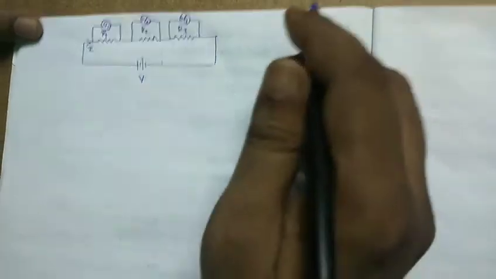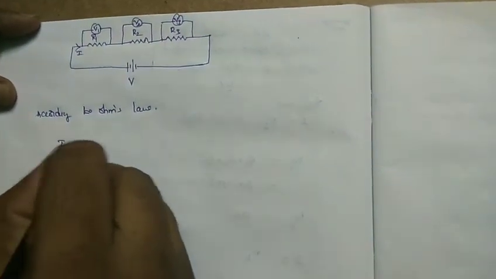In R3, the potential difference is V3. First of all, according to Ohm's law, I is equal to V by R.